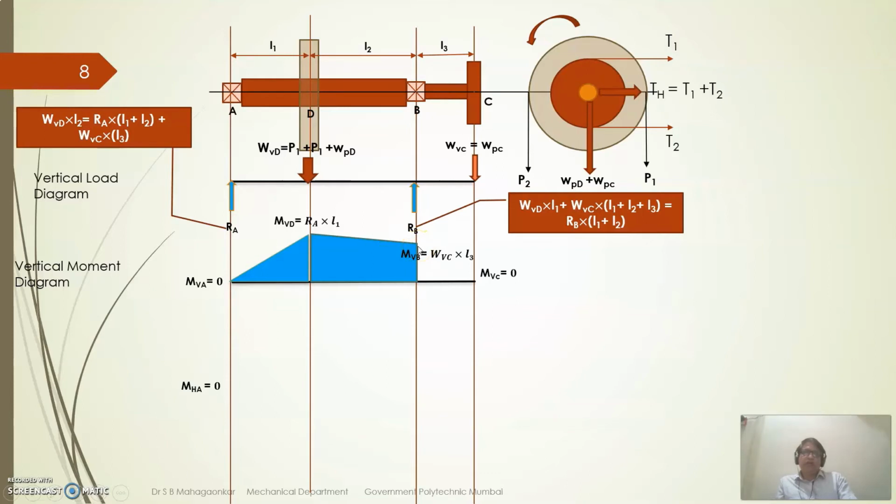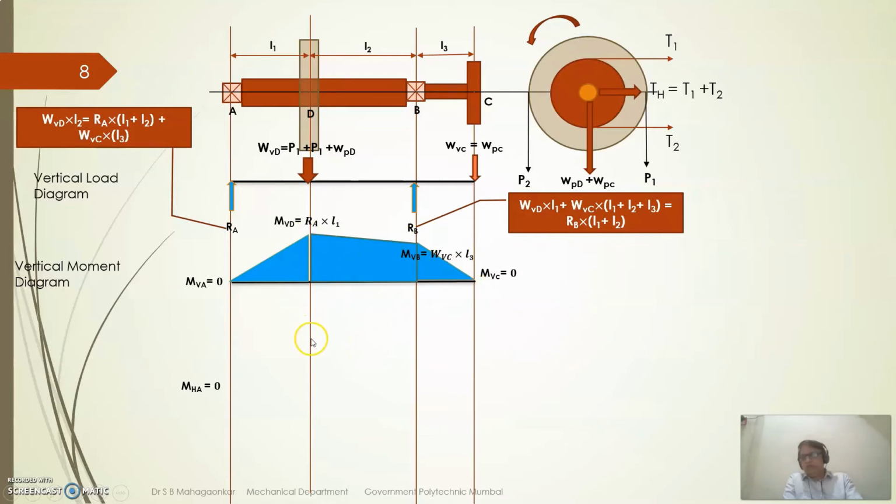Just as an example, you can join from here to here, and then you get this figure. So this is the vertical moment diagram. MVA is 0, MVD is some value, MVB is again some value, MVC is 0.